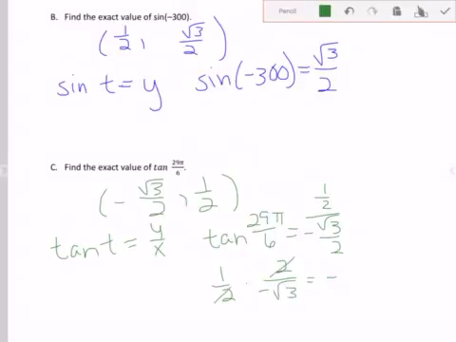Leaves us with negative 1 over the square root of 3. Rationalize your denominator. So we've got negative square root of 3 over 3. And it makes sense for it to be negative in that quadrant. That second quadrant, the only thing positive is cosine, and its reciprocal of secant.